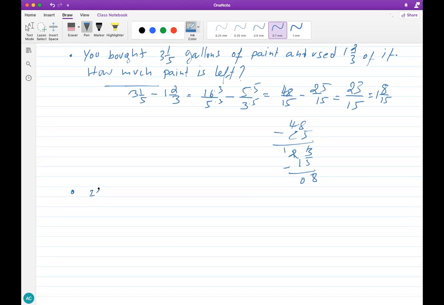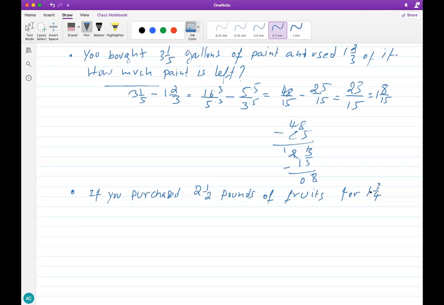If you used, or if you bought, or if you purchased, let's say, 2.5 pounds of fruits for, let's say, $1.75.